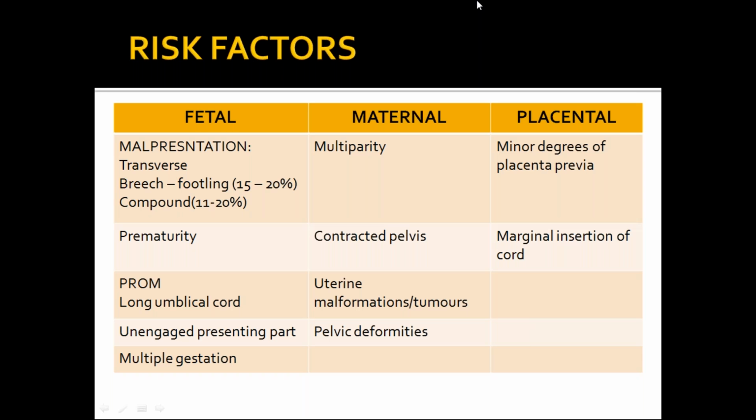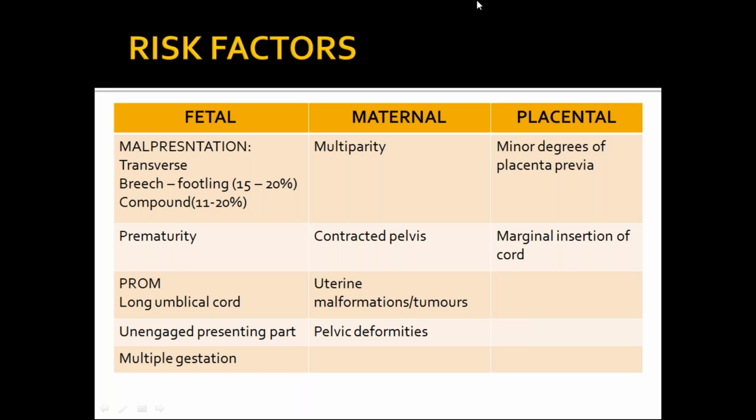So what are the conditions you should remember? Transverse lie, breech presentation, especially footling, compound breech, prematurity, PROM, where the membranes are ruptured, and long umbilical cord. Normally the cord is up to 60 centimeters. If it is a long umbilical cord, around 100 centimeters, there are more chances for rupture of the membranes and prolapse of the cord.